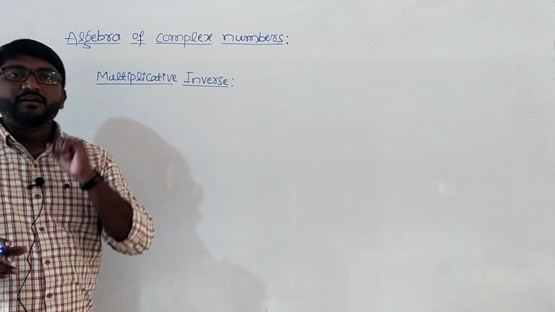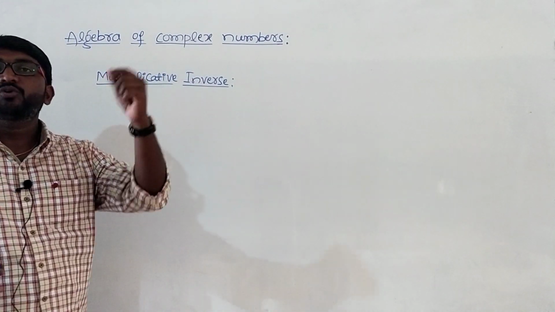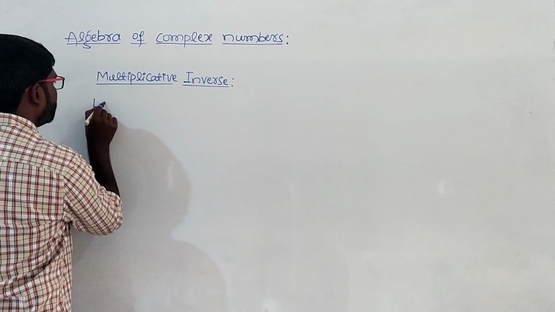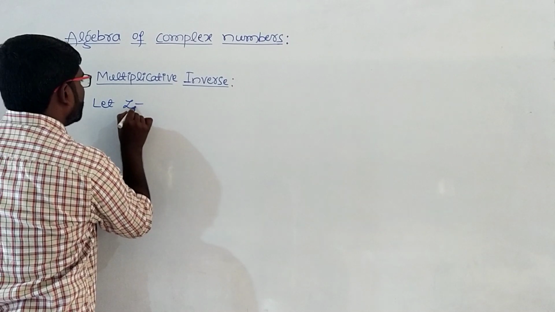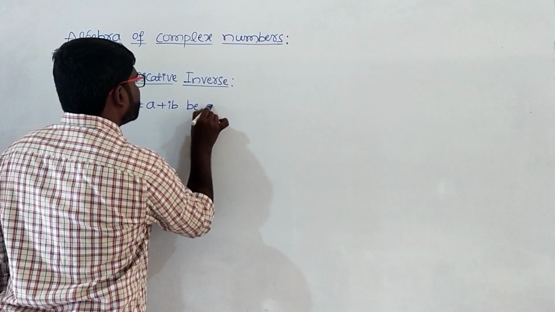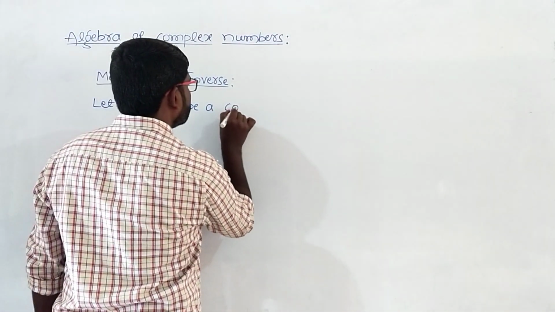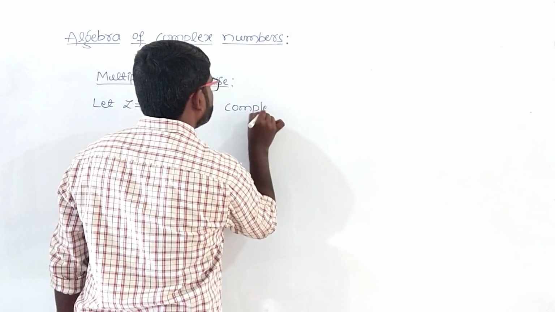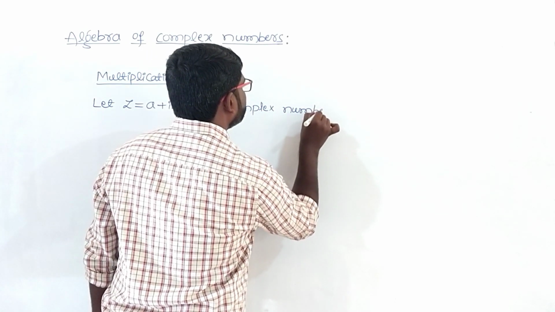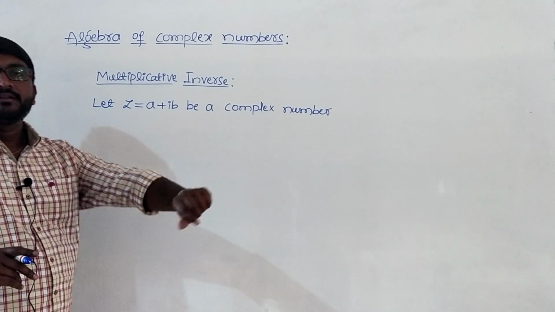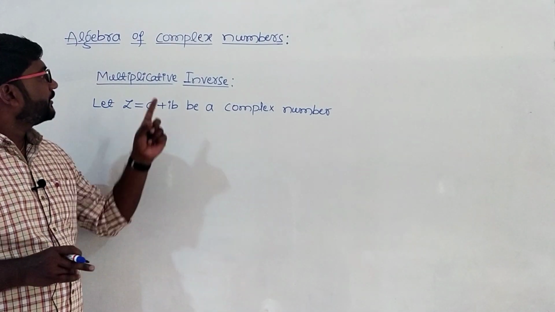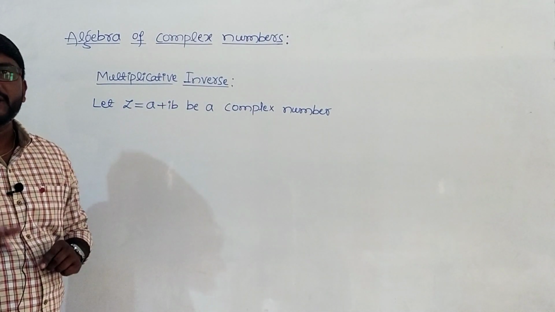So now I take the complex number Z. Let Z equal to A plus iB be a complex number. Then 1 by Z or Z inverse denotes the multiplicative inverse for a given complex number.